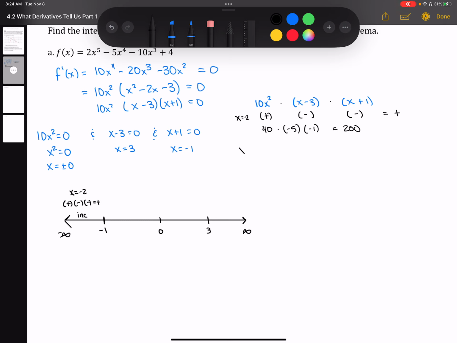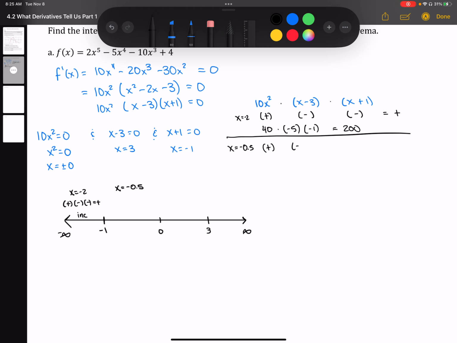For something between -1 and 0, I would use, I don't know, x equals -0.5. Then we'll put a line here. So if x is -0.5, then 10x squared is positive. So if we have x equals -0.5, 10x squared is still going to be positive.